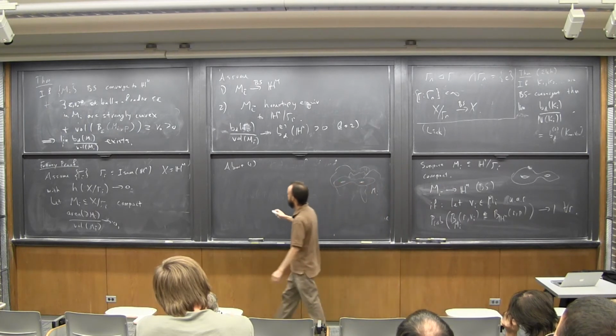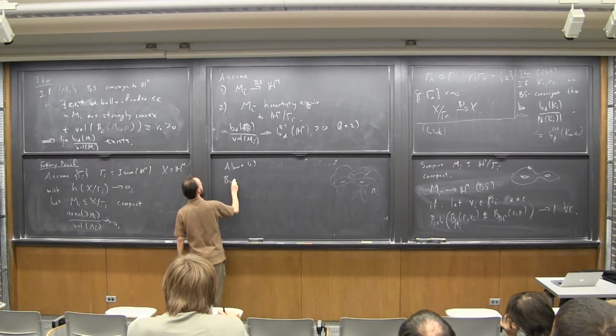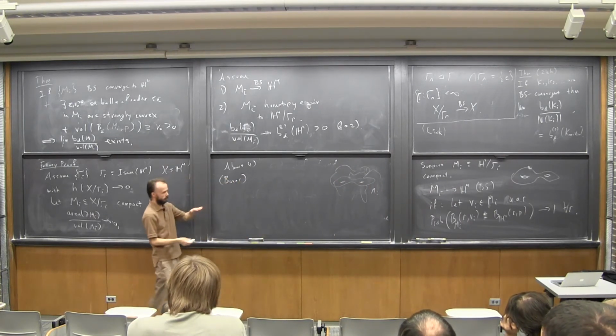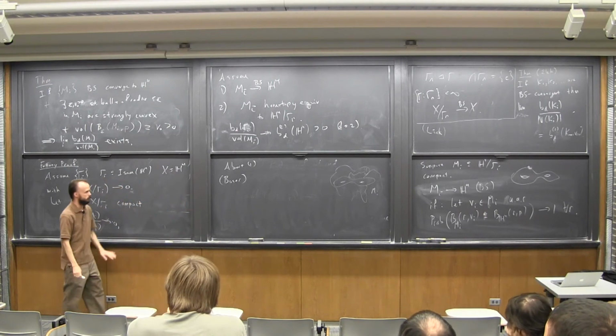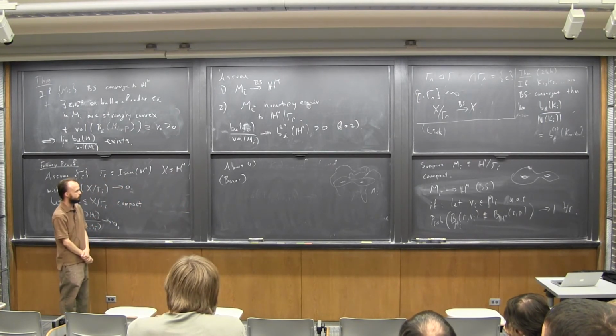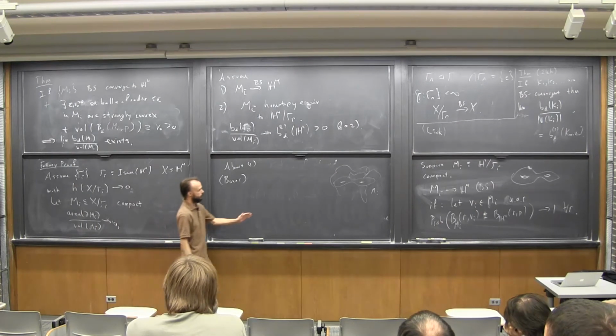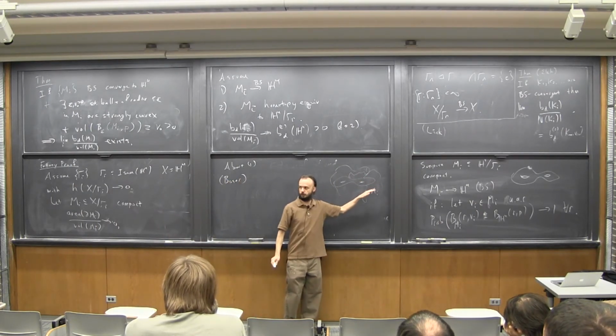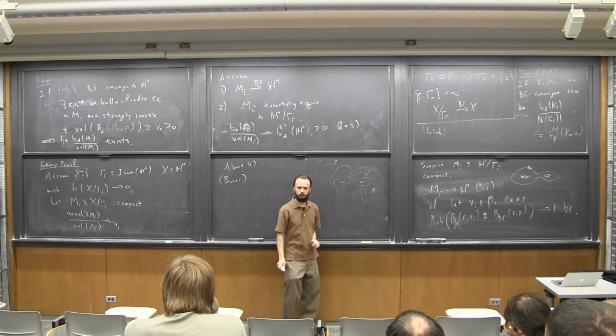So Buser actually studied this problem while he was proving this inequality relating the Cheeger constant and lambda_0. And he proved that you can chop off all of these hairs in a very nice way.